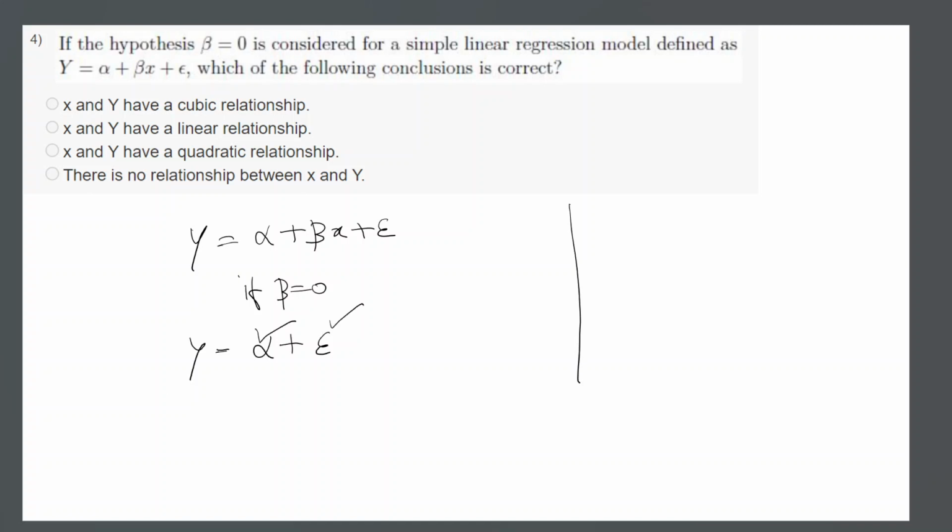So this is alpha plus epsilon. It doesn't depend on any x value. So there is no relationship between x and y. That is the simple answer to this question.